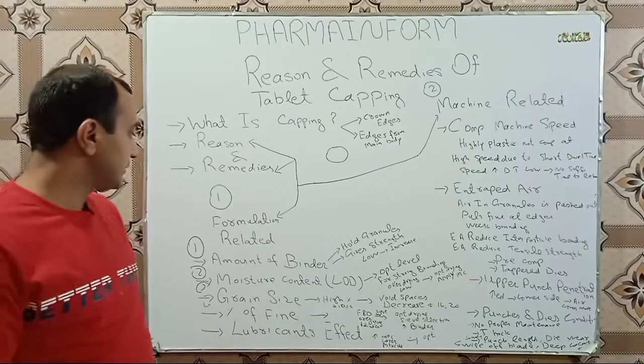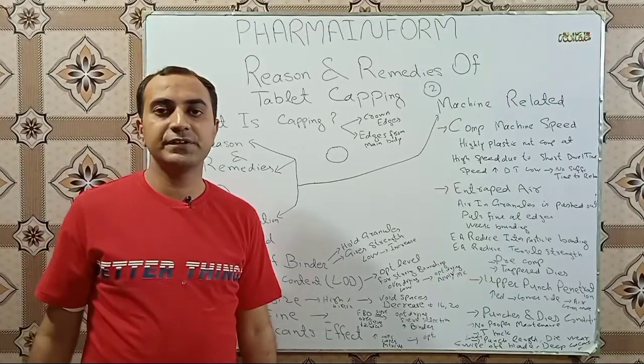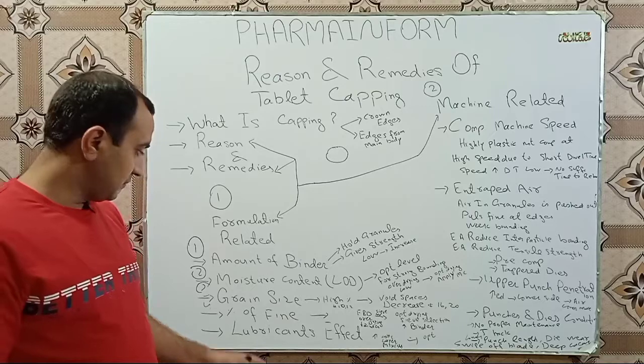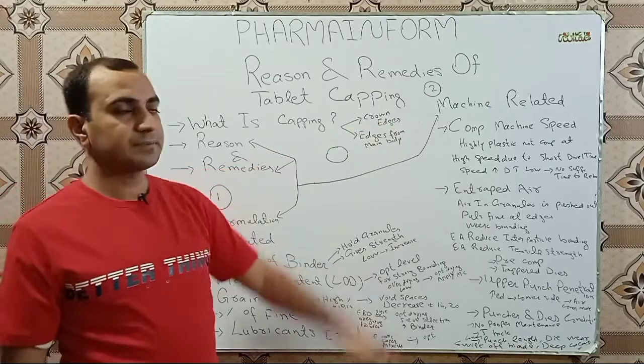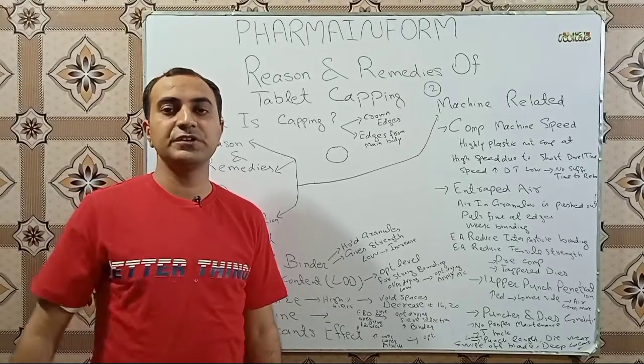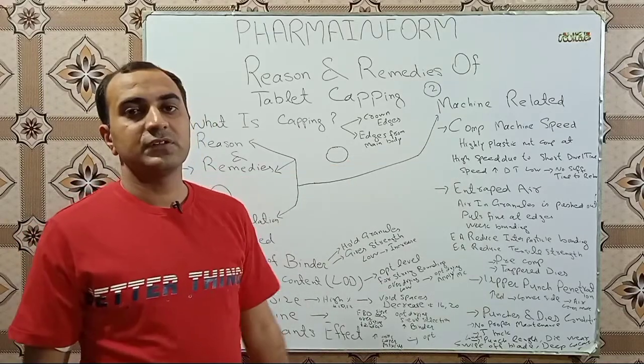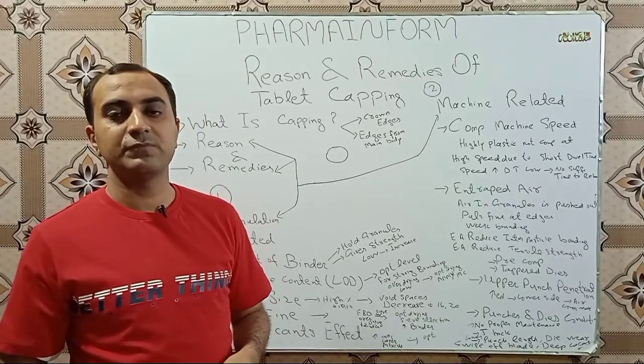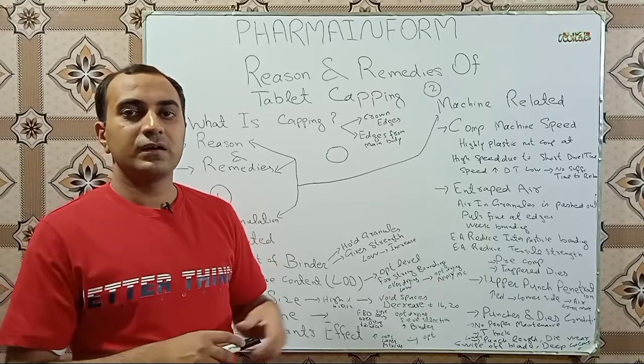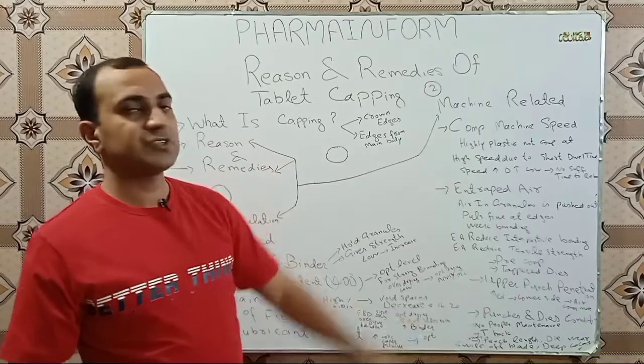Hope you are clear with the formulation related factors. Now we will discuss machine related factors which may result in tablet capping. The first step in machine related is the compression machine speed.